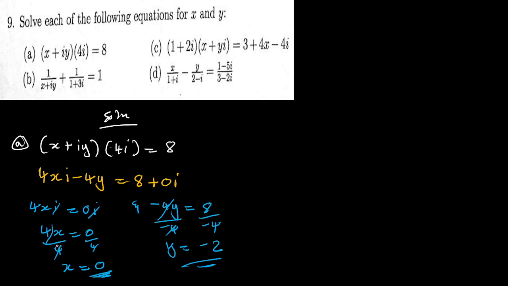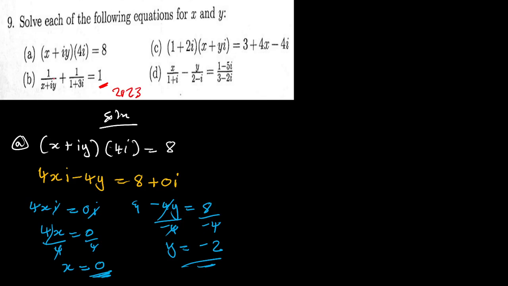Ladies and gentlemen, I'm going to solve B, and then you guys will simply solve D. I hope that deal is okay. Either I solve D or I solve B. I think I solved B in one of my videos, the 2023 past paper.